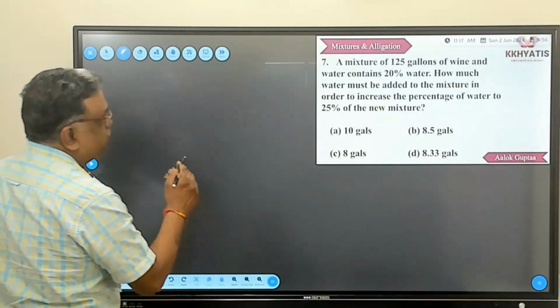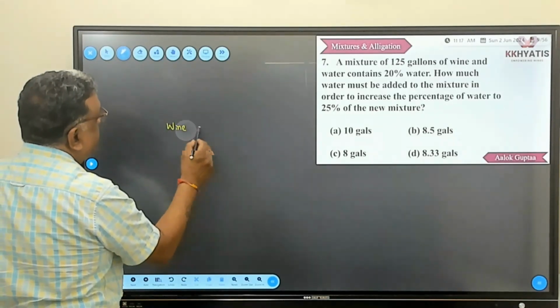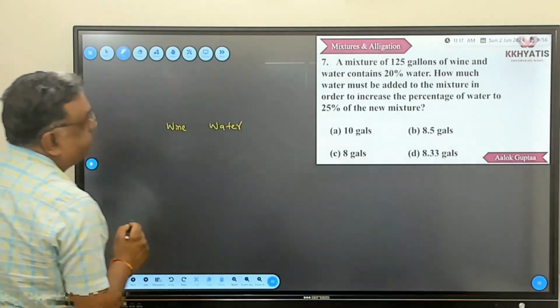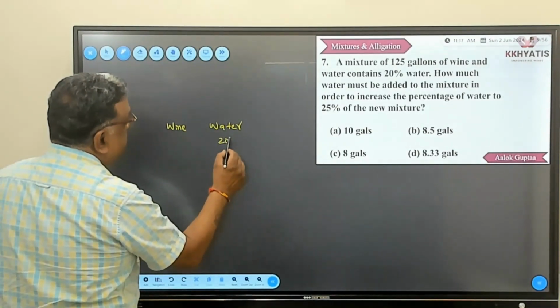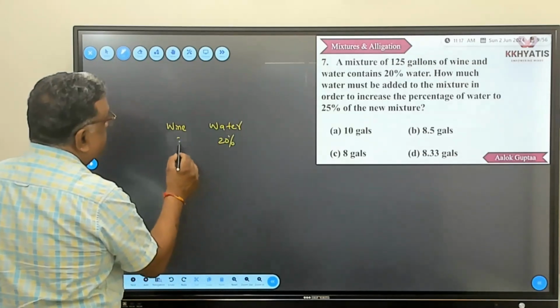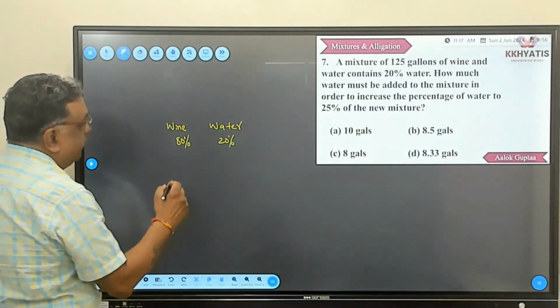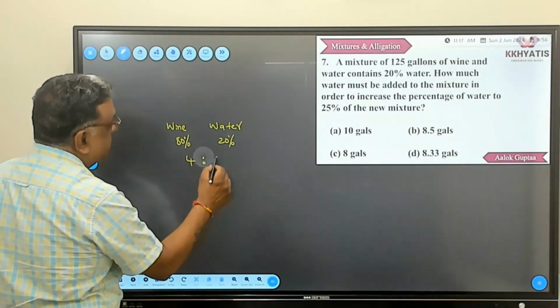So I have wine and I have water. So water content is 20%. The remaining 80% should be wine. Clear? Which means the ratio should be 4:1.